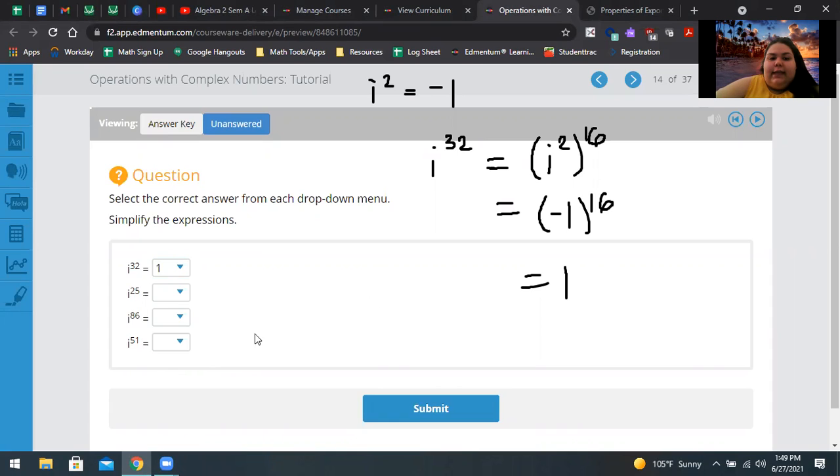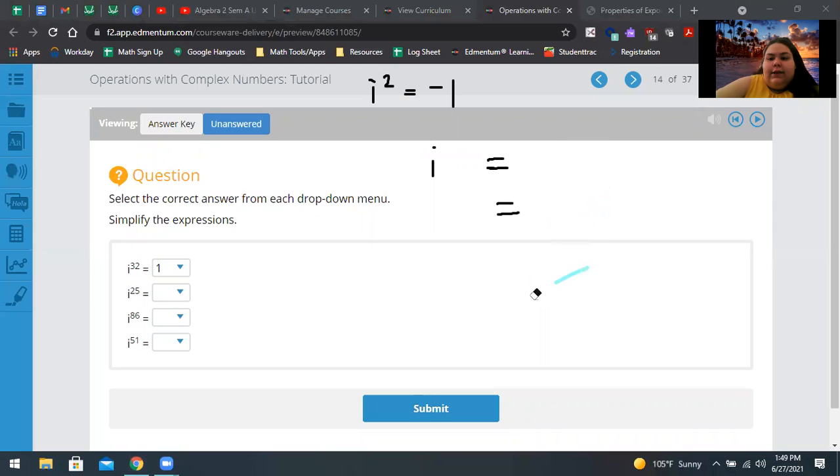Let's go ahead and take a look at i to the 25th power, and then I will leave you to do i to the 86 and i to the 51 on your own here. So i to the 25th power, it's going to look a little bit different compared to how we solved the first one. Again, you could write out all the i's, and then for every 2 i's you write -1 and see what you're left with. But what happens if I split this?